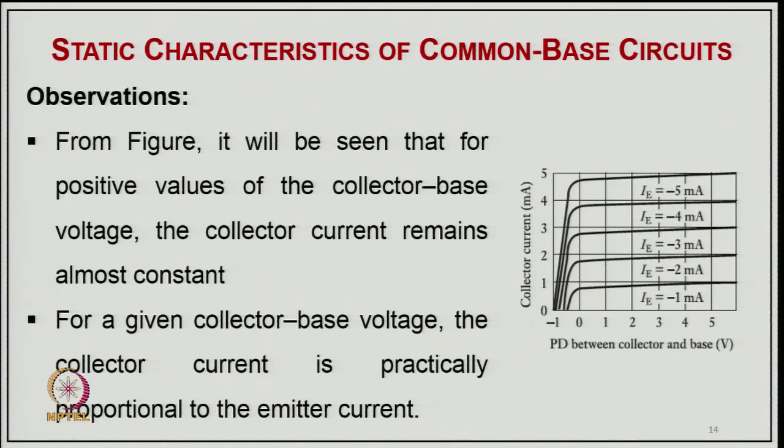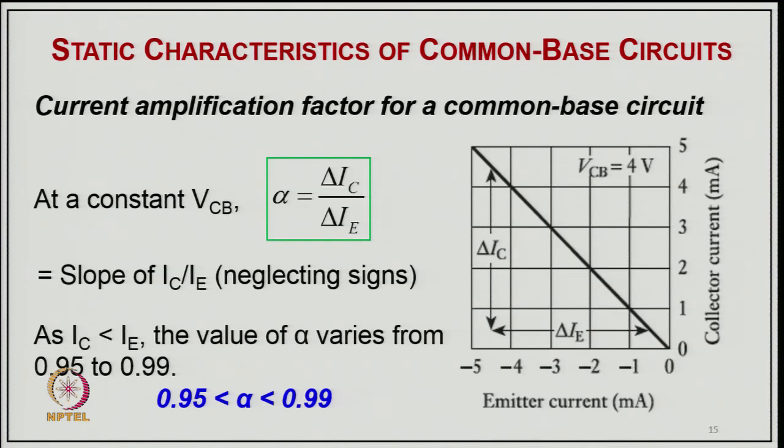These are a couple of observations from this characteristic. Here we can say what the current amplification factor is for the common base circuit. At constant VCB, we can define alpha as delta IC upon delta IE, the slope of IC versus IE, that is, the change of collector current for a particular change of emitter current, if we do not consider the sign.